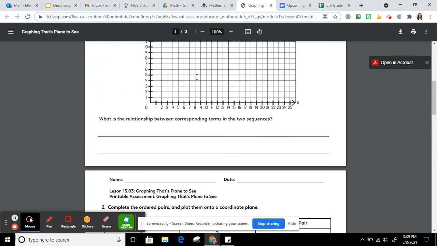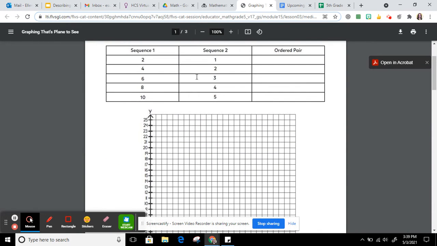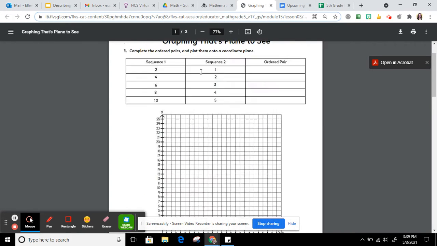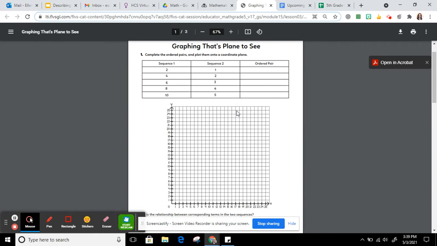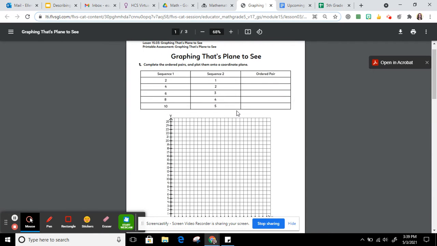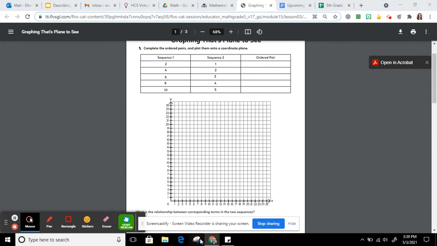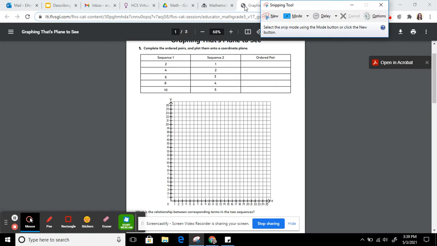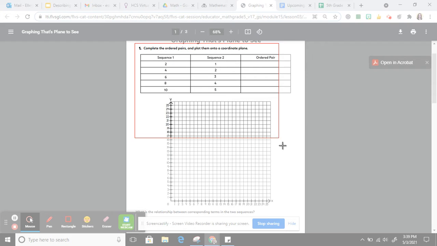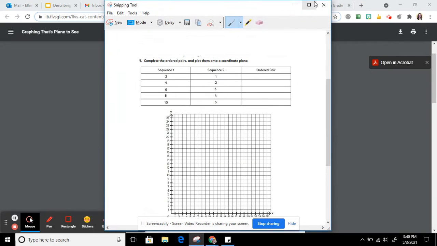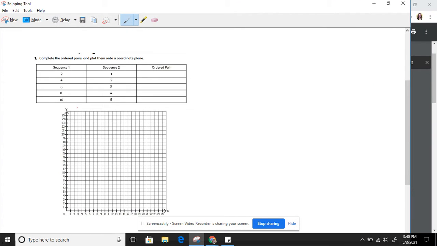Okay, I'm going to go ahead and look at number 1 as an example for you. So let's see here. I'm going to just screenshot the top part first. And we'll take a look at this one. All right, so for number 1, you're going to complete the ordered pairs and plot them onto a coordinate plane.